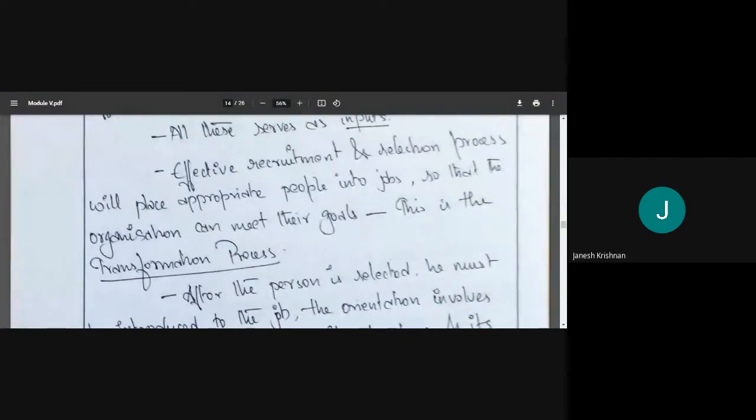An effective process will place appropriate people in the job, which will help you meet the organization's goal. If you have good personnel in the job, you'll have a good result. So the selection and recruitment becomes the transformation process.